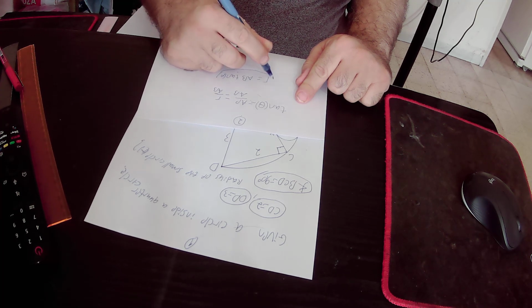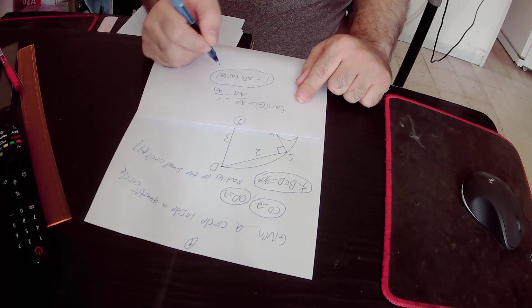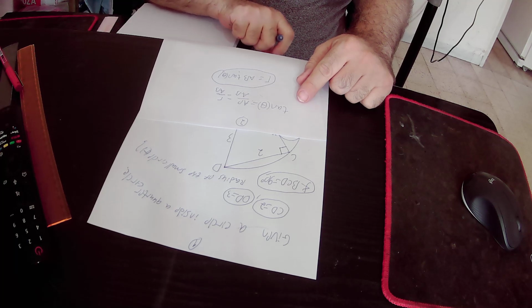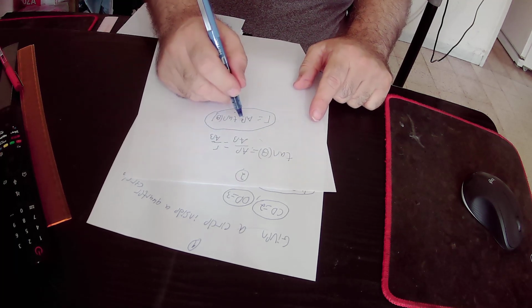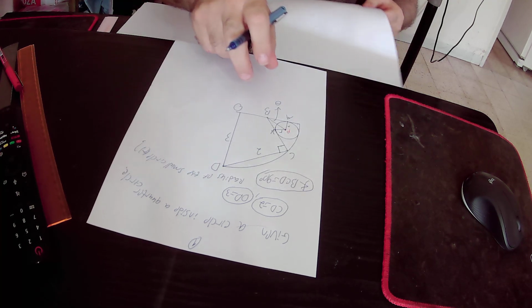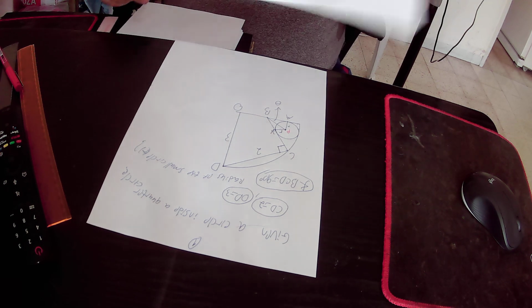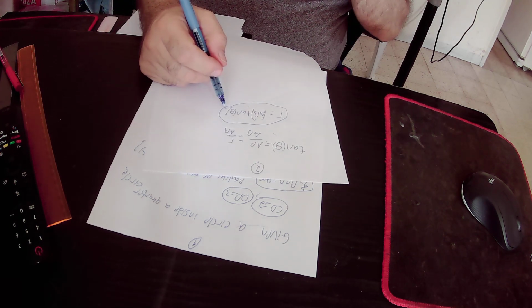Okay, r equals AB times tangent theta. So in order to find out the radius r of the small circle, we have to find the value of line segment AB and also the value of tangent theta.